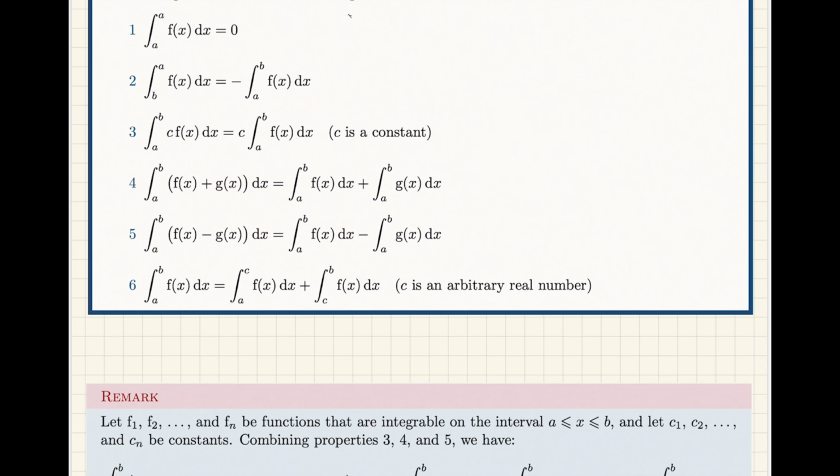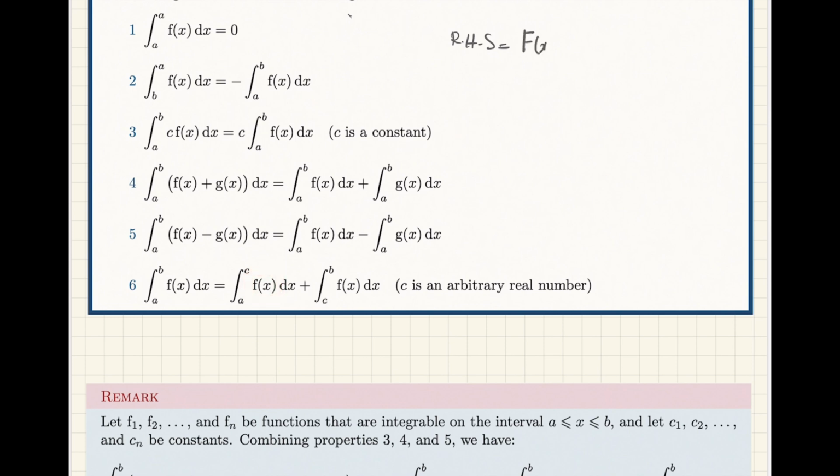Okay, so for example, let me start from the right hand side here. The reason that I am cleaning them is because the proofs are not important for you. The only one that I saw in the book is this one. So the right hand side is the integral from a to c plus the integral from c to b. But let us assume that capital F is a primitive function.